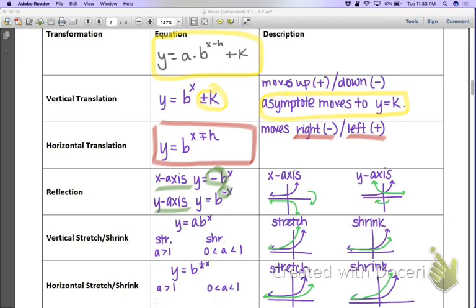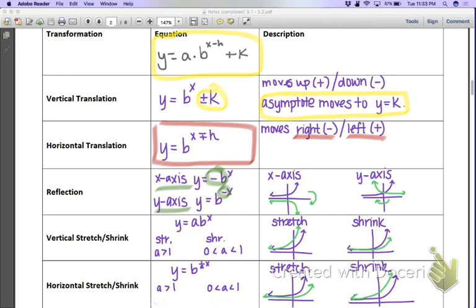The purple, blue, whatever we're calling it, is the original, and the green is kind of the new graph. Again, we're just flipping everything over from there.